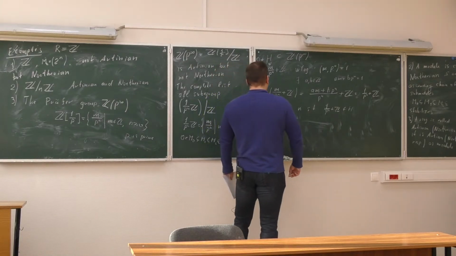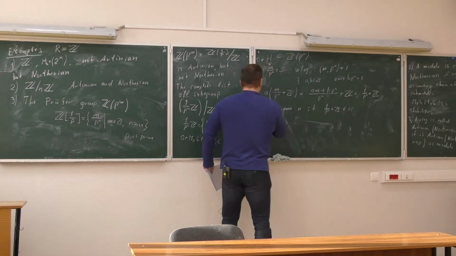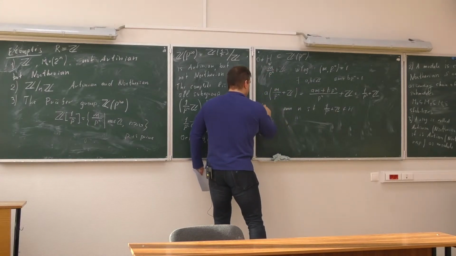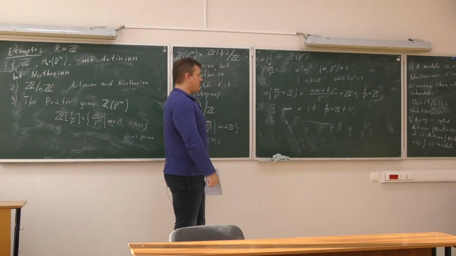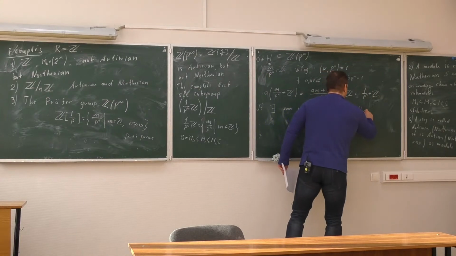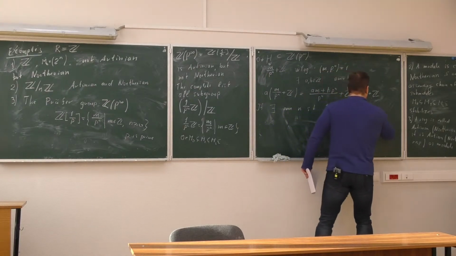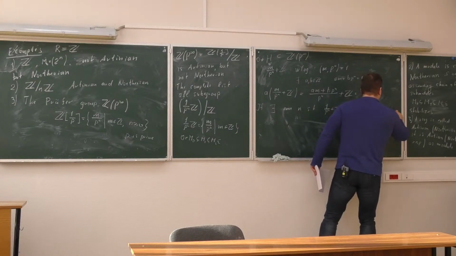Maybe better to write it as follows. If there is a maximal n such that 1 over p to the n plus Z is in H, then this H is actually generated by this 1 over p to the n plus Z.